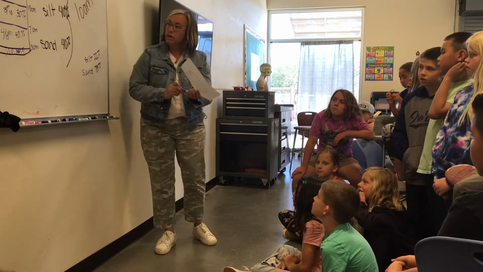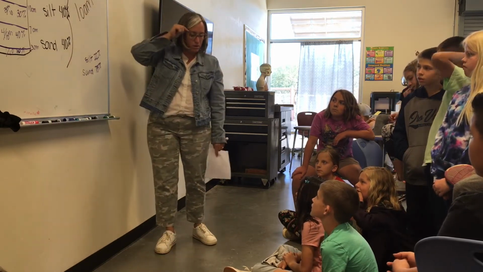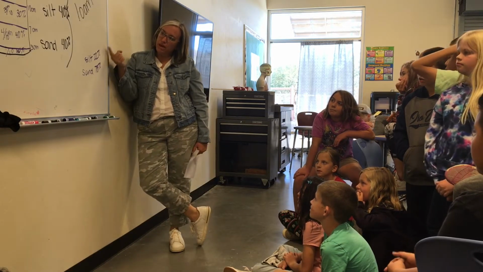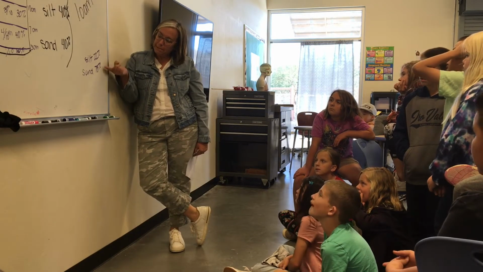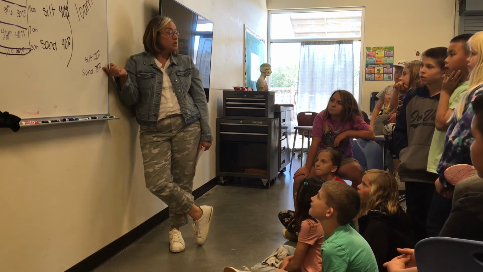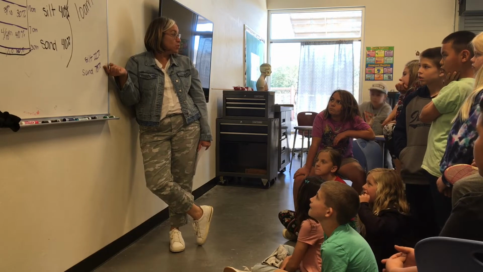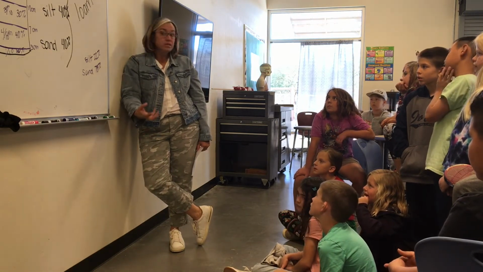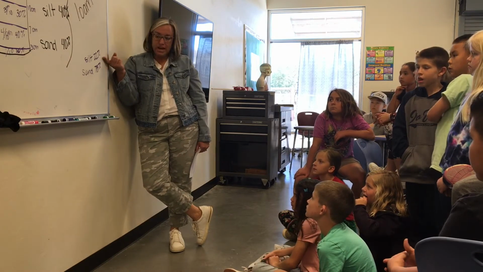All right, let's look. What are we missing? Clay. We're missing clay. Look at our silt. Is it at that 40%? No. No, but look how much sand we have. That's a lot of sand. So is the peach tree able to absorb water? Is the water going to stay there, or is it gonna just run off? It's gonna run off. What do you think we need to add to this?